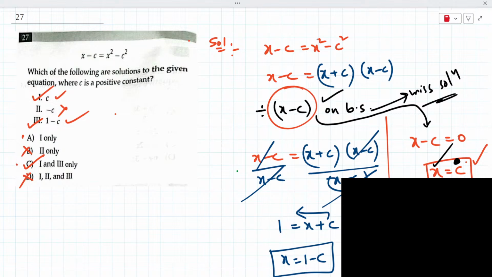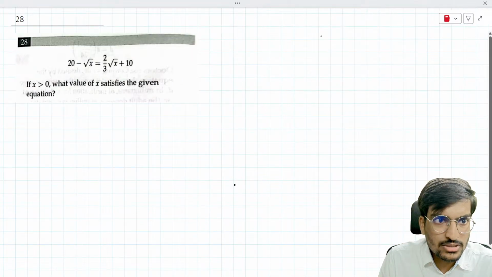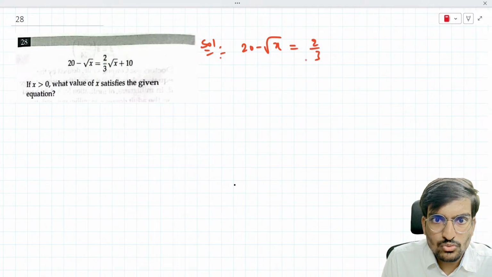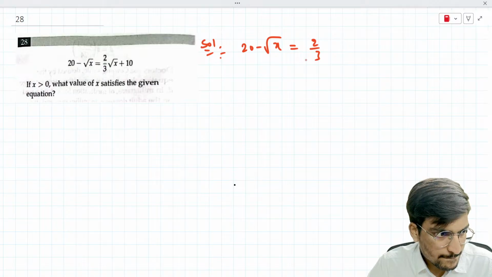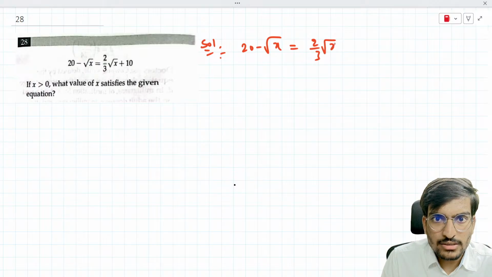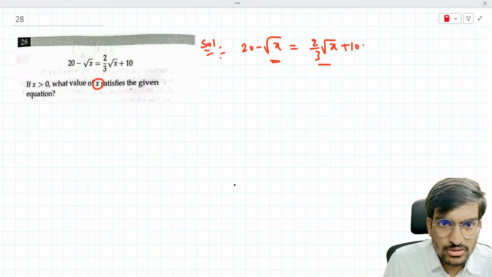You just try with this. The last question, number 28, the last one. So 20 minus root x equals 2 by 3 root x plus 10. So just keep the root parts at one side and then you can get the value of x. That's what they're asking us to find.